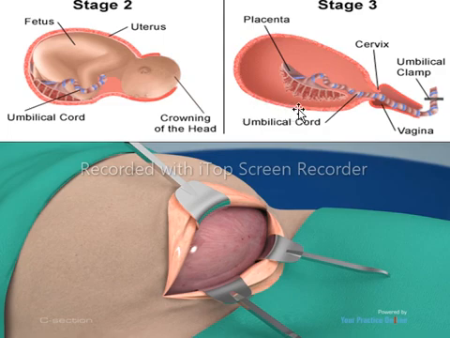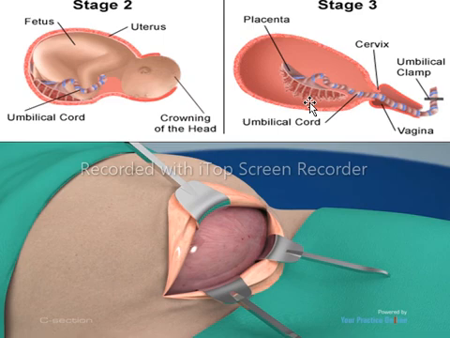Remember, the uterus is still contracting at this stage, and during this time the mother is given an injection to stimulate the delivery of the placenta. The placenta has to be carefully removed because it can cause complications like hemorrhage or bleeding if not carefully removed.